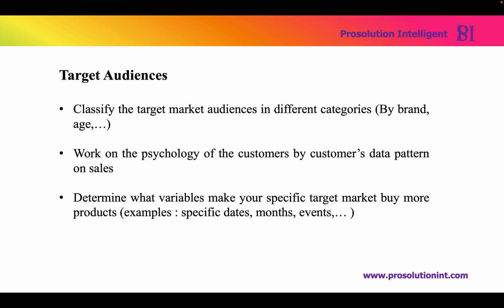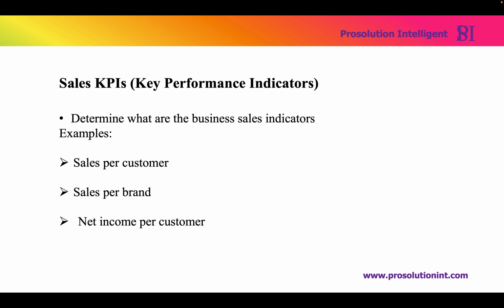So the next step would be sales KPIs. You have to determine how you are going to measure your performance. What are your sales indicators? It can be sales per customer, sales per brand, or net income per customer.